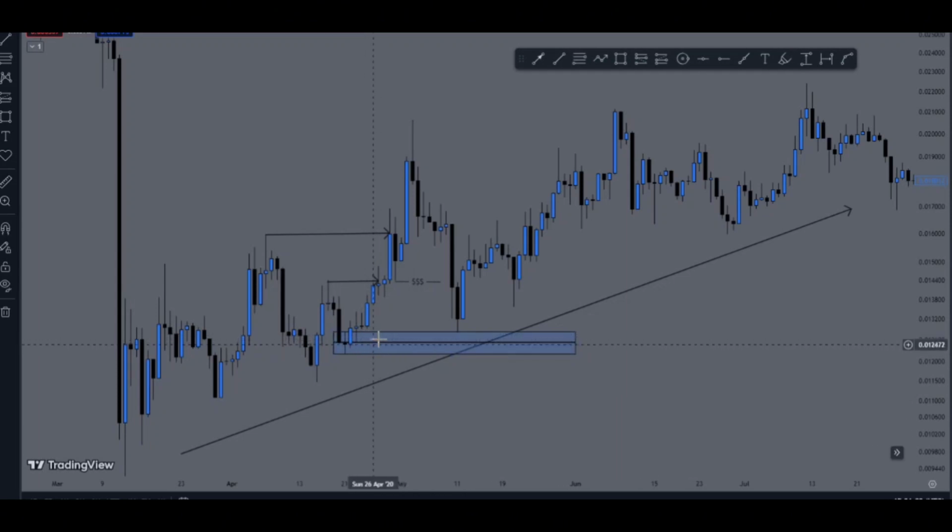Let me put it like retail traders right now, people that don't understand anything about the market, might think here is the last bearish candle that the market will retrace from. So you saw when the market came inside this zone, it started reversing.